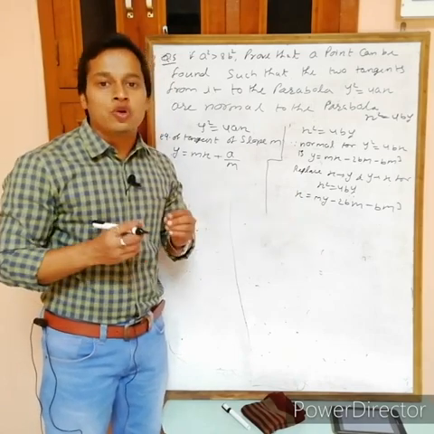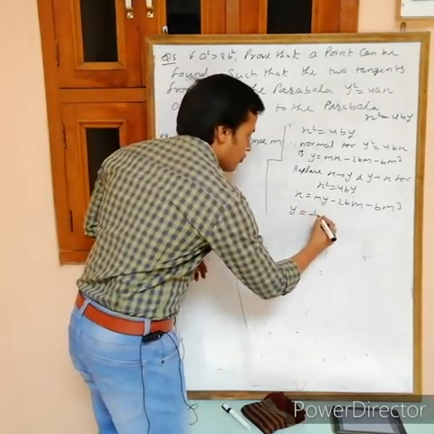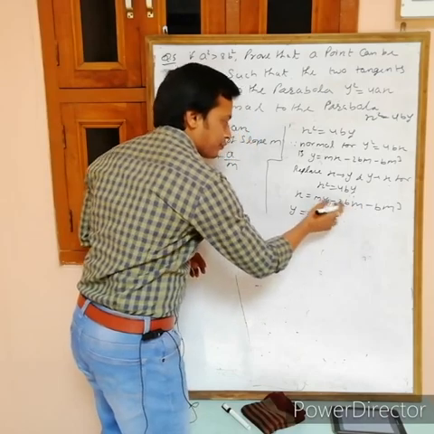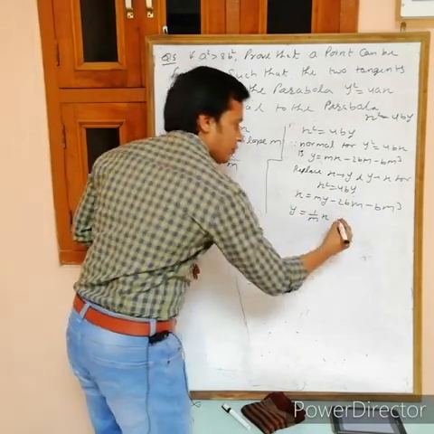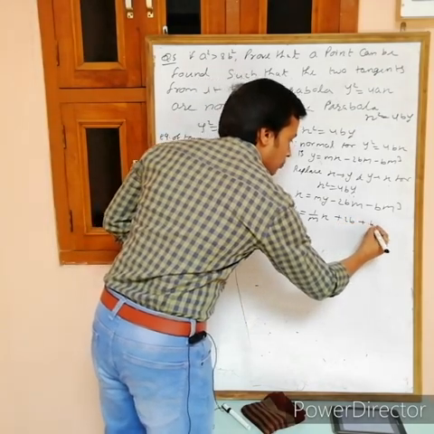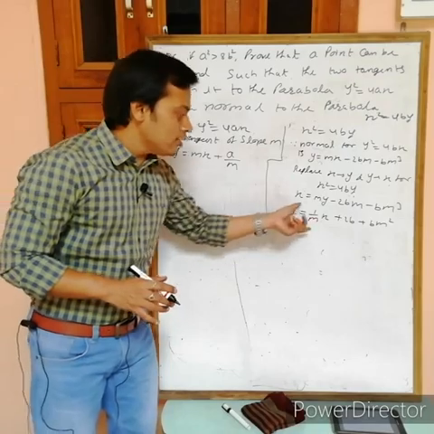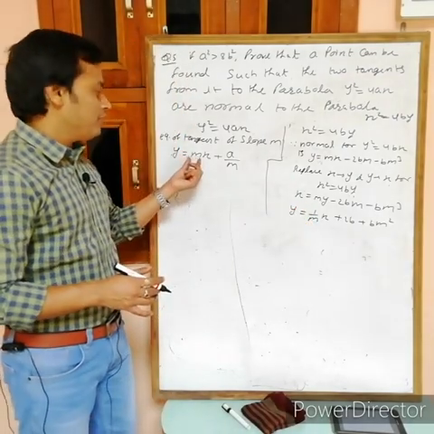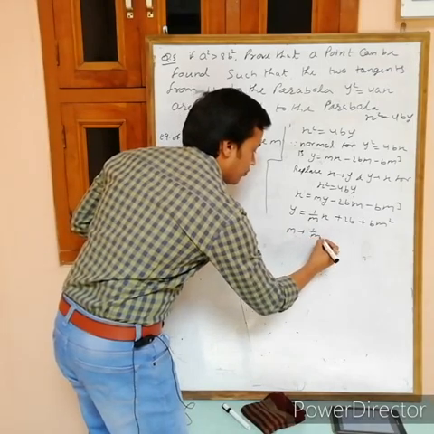But I want the slope as m. So first I am finding the value of y equals 1 by m x, dividing with m, plus 2b plus bm square. For this one the slope is 1 by m, but we want the slope as m, so replace m with 1 by m.